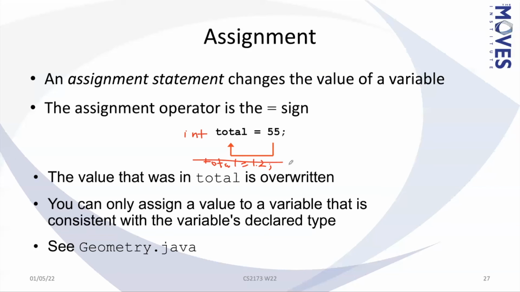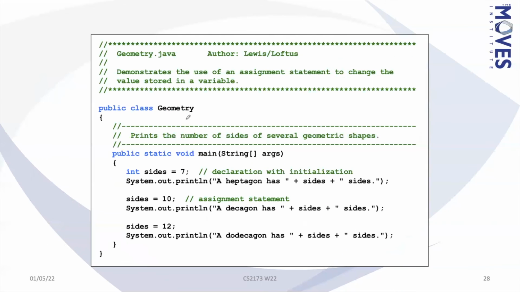Why? Because an int and a double are two different things. A floating point number cannot be assigned to an integer. Okay, we'll get into that a little bit more.